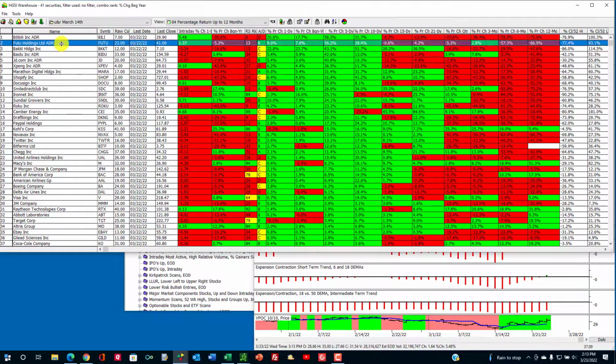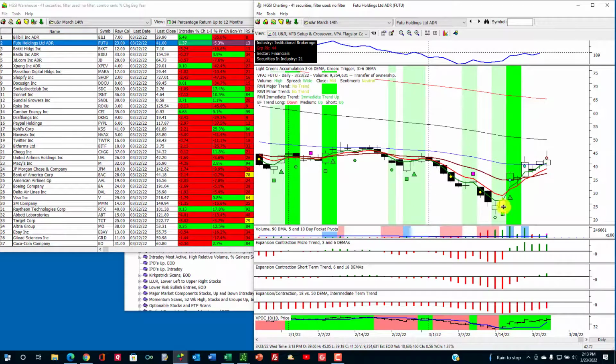Let's just take a look at the next one, FUTU. Same thing. Here's the 14th, and you can see there is stopping volume here, and this is a bullish white candle, a spinning top. Here is a VPA flag. If I click here, look up here, you can see strength seen returning during a downtrend, and then a big gap up the following day.